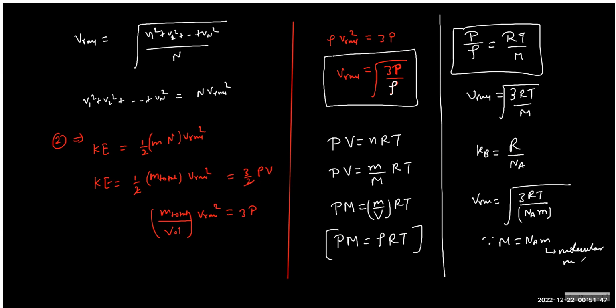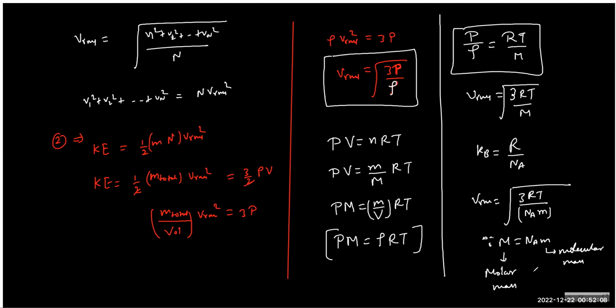Molecular mass. What is capital M called? Molar mass. The distinction should be very clear. Molecular means mass of an individual molecule, and molar means mass of one mole of such molecules.